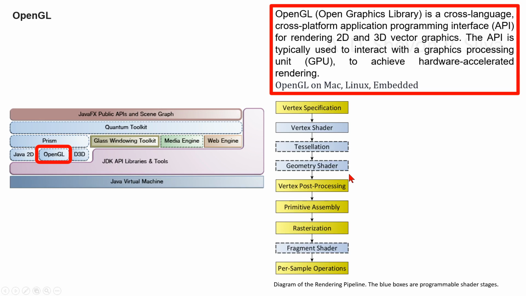Output of a GS is 0 or more simple primitives, much like the output of primitive assembly. The GS is able to remove primitives or tessellate them by outputting many primitives for a single input.